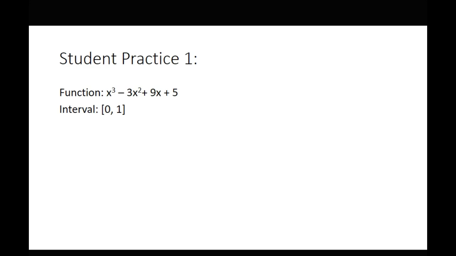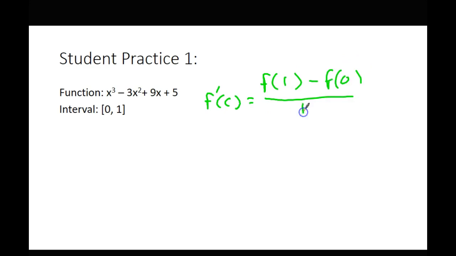In other words, there has to be some value of C such that f prime of C is equal to f of 1 minus f of 0 over 1 minus 0. So I know you guys aren't done yet. That's okay. We're not going to stop you just yet, but I do want you guys to catch me up. So Heather, what's f of 1? Good.